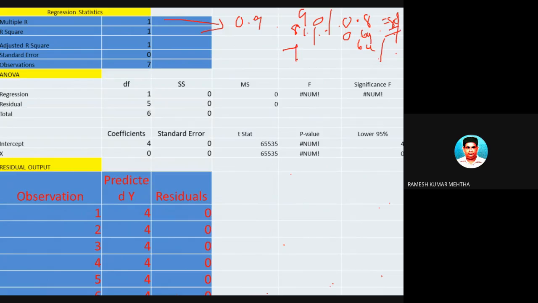Or another case is 70%. If multiple R is 70%, you square it, it is 0.49 or 49 percent. So the value of R square is dependent on multiple R.